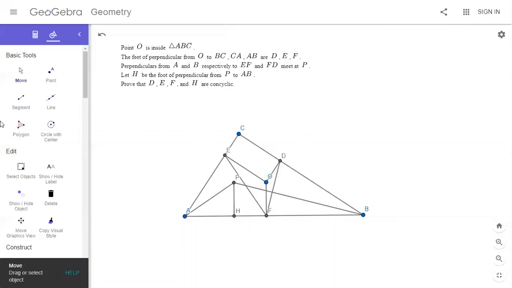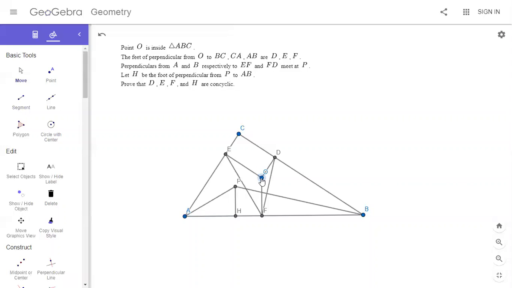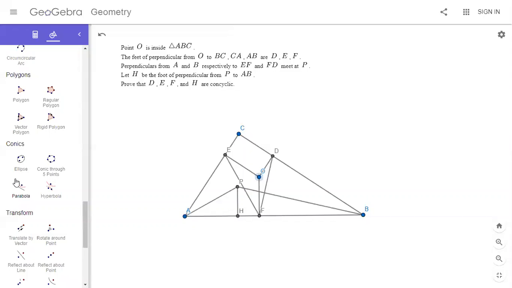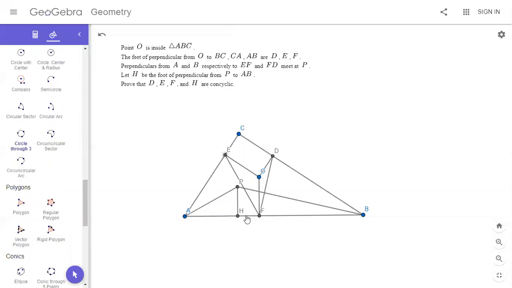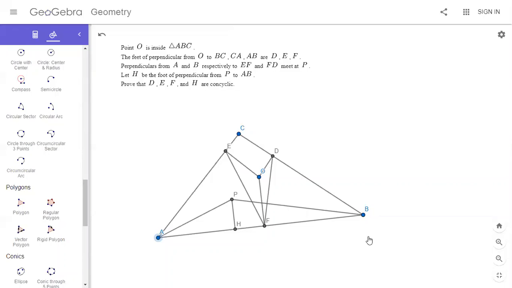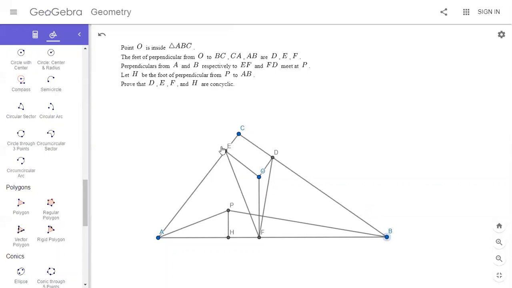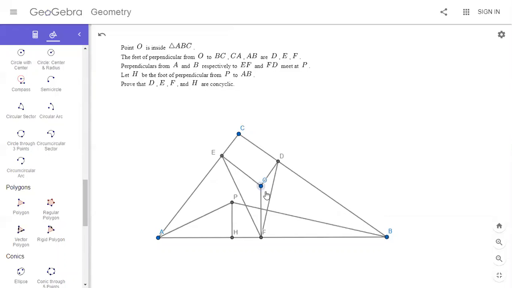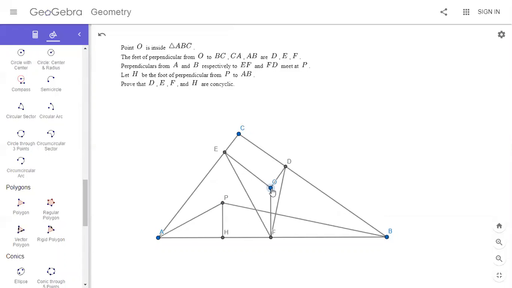It's kind of interesting. O can be any point, and that's a cyclic quad. I'm just going to draw it. Yep. There's a lot of flexibility here because O is any random point. I wonder if O and P are isogonal conjugates.